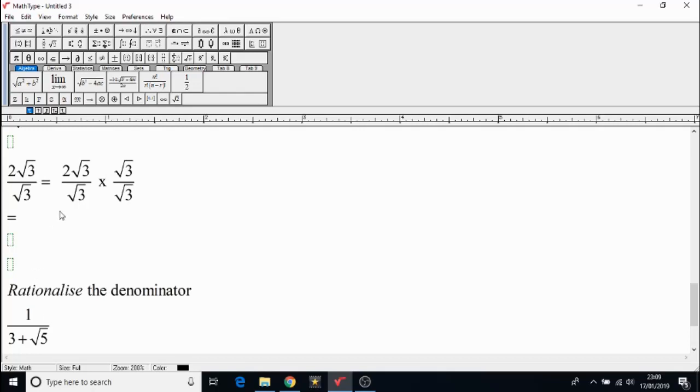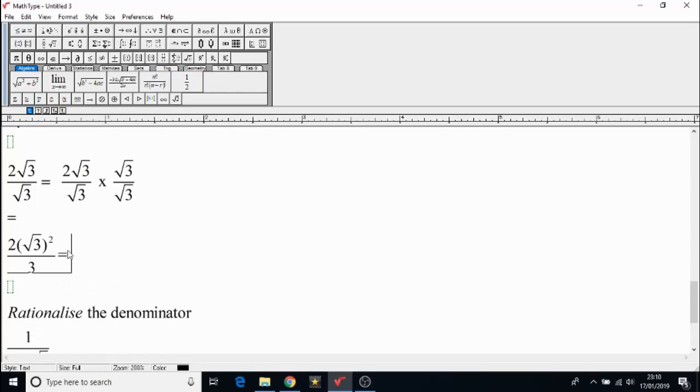So luckily with the first two questions, you know what happens when you multiply a square root by a square root. The same square root cancels it out. So when you multiply 2 root 3 by root 3, now all we have is 2 multiplied by 3, which is 6.